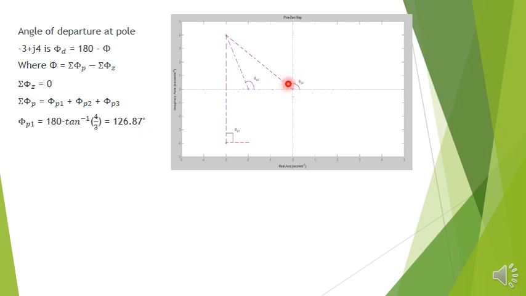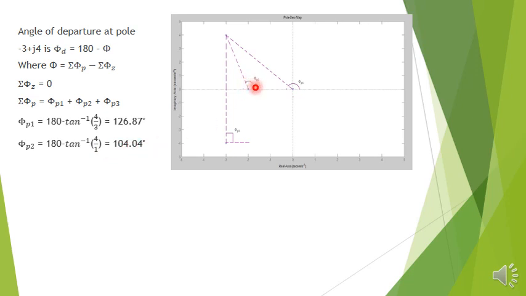Phi p2, in this case, is 180 degrees minus this angle, where this angle is tan inverse of 4 by 1. So phi p2 is equal to 180 minus tan inverse of 4 by 1, that is 104.04 degrees.